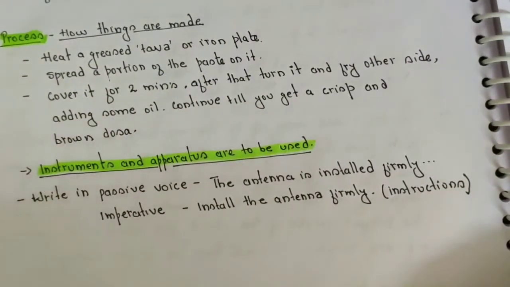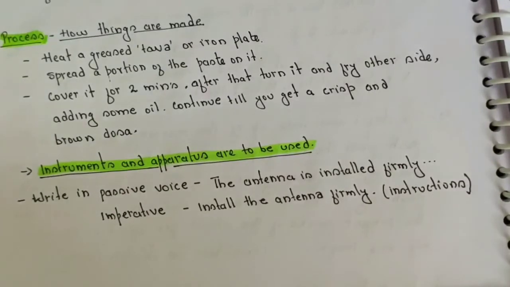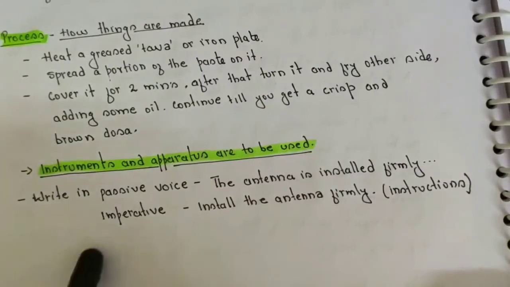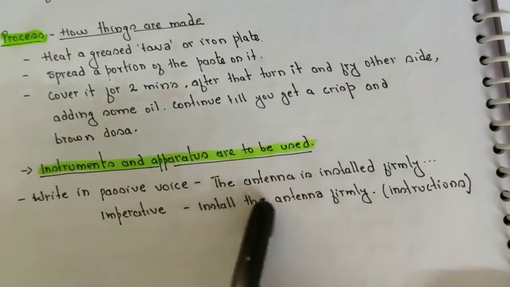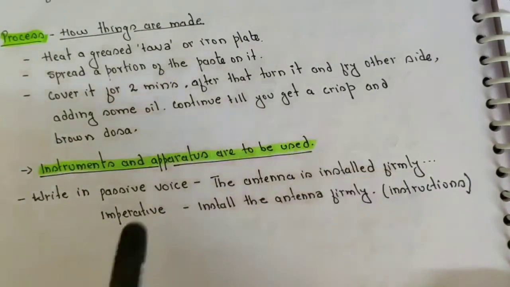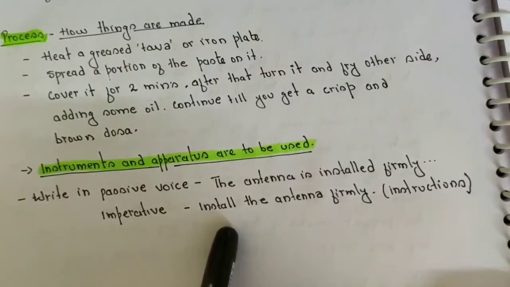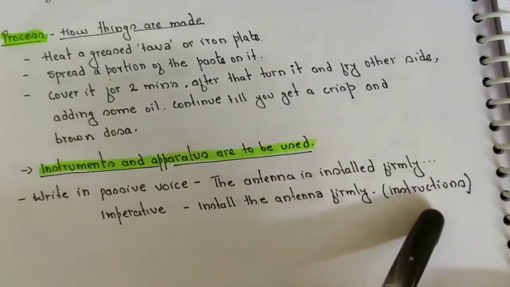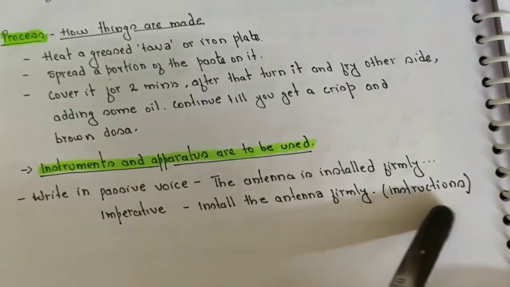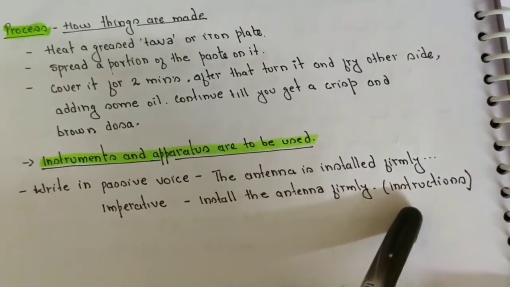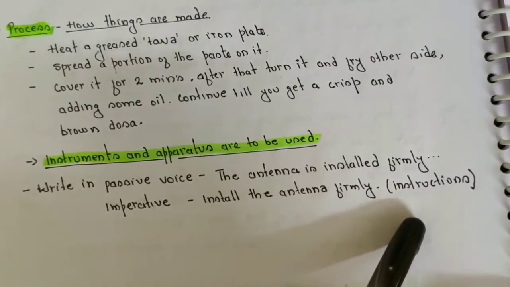Now, if you got a new TV and you want an antenna to be installed, here are two ways. One is passive form: the antenna is installed firmly, and the second one is imperative: install the antenna firmly. Here, the instructions book, this is the instructions that we generally get with the set, either it is TV, fridge, whatever.